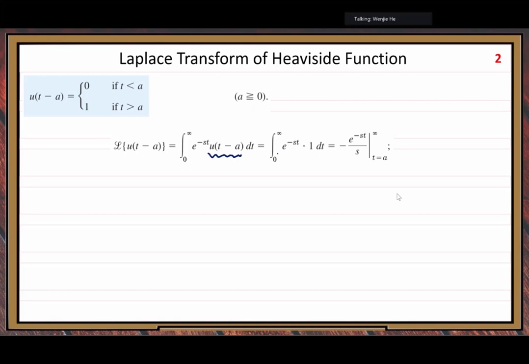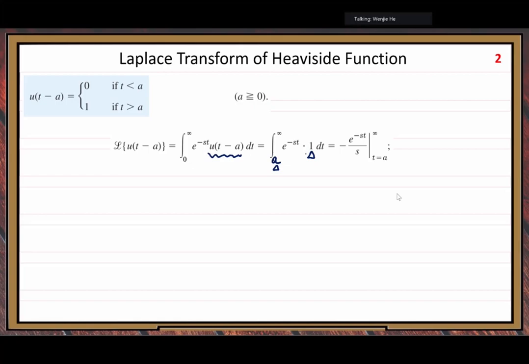The non-zero part starts from a, so this lower integral limit should be a, not 0. Because starting from this a, your Heaviside function becomes value 1. Before this point, value 0. So it's gone. So we correct it.